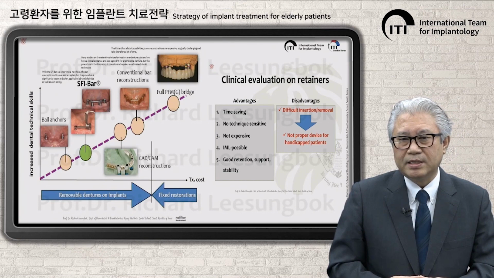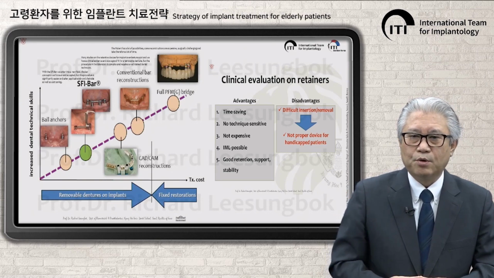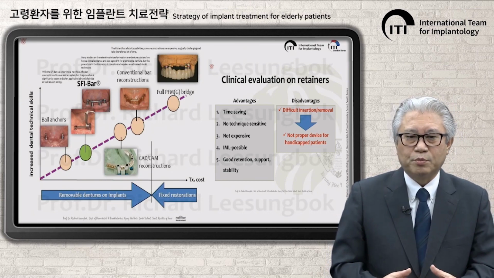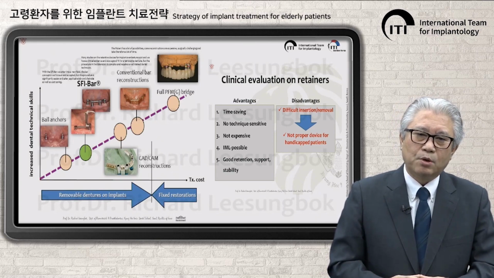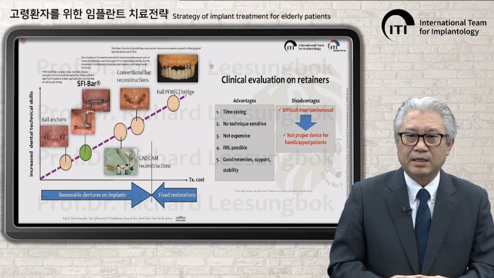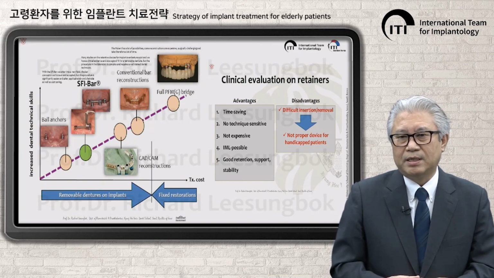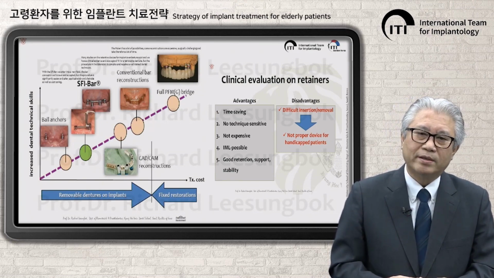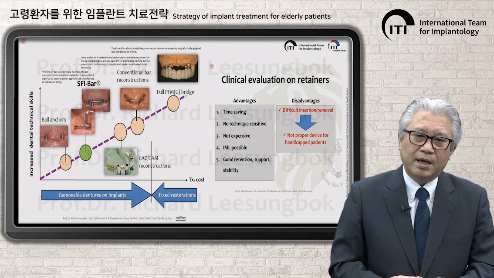In order to effectively provide patients with the treatment options of the 3 categories we saw earlier, it's better to study in advance how to retain the prosthesis in the patient's mouth, check their strengths and weaknesses, and experience them clinically in advance.